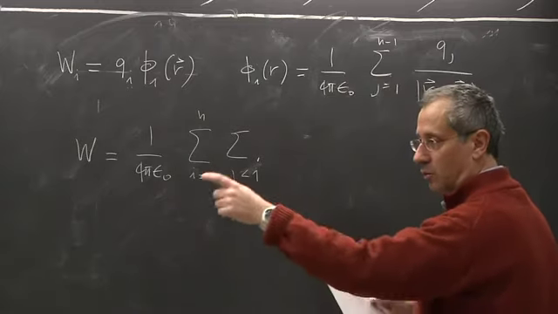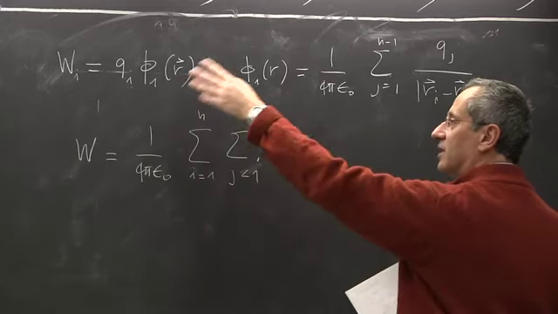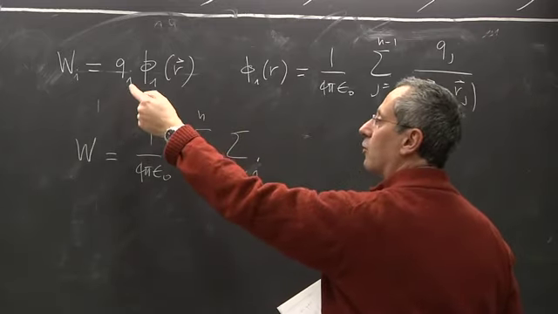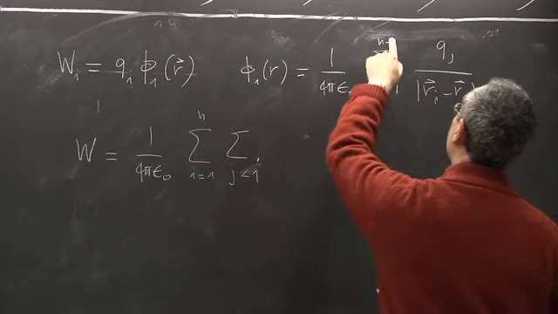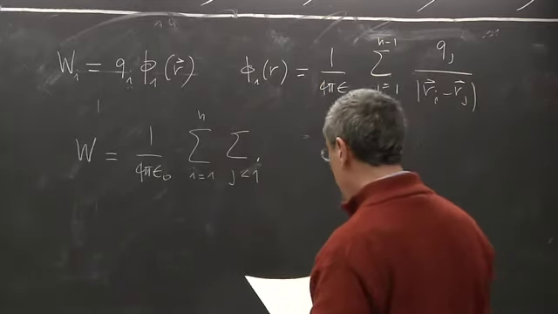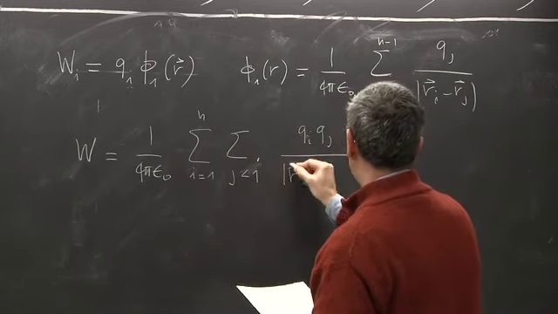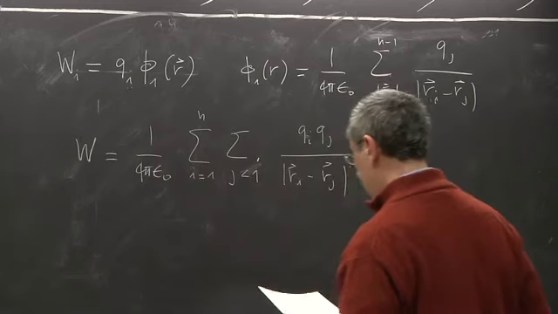Because they go in pairs, two bodies. So the total energy in this system, because of the interaction of the i-th charge with all the other n minus 1 charges, is this double sum of the product of these. Very good.